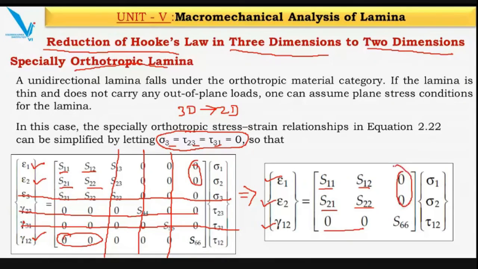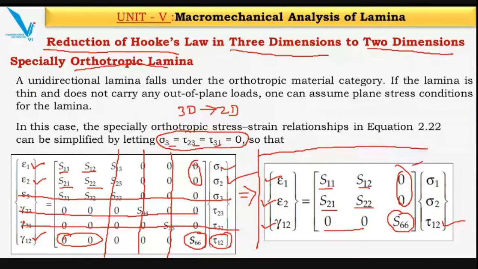Only S66 remains here, and this is tau 12, and this is sigma 1 and sigma 2. So this is the simplest equation. Now we are much more comfortable in handling this equation. This is the equation for the 2D orthotropic lamina.